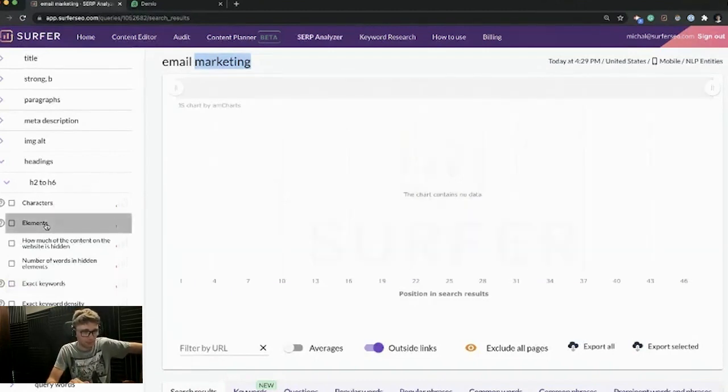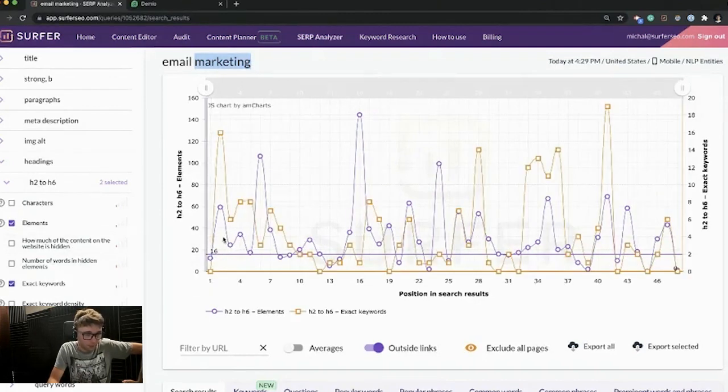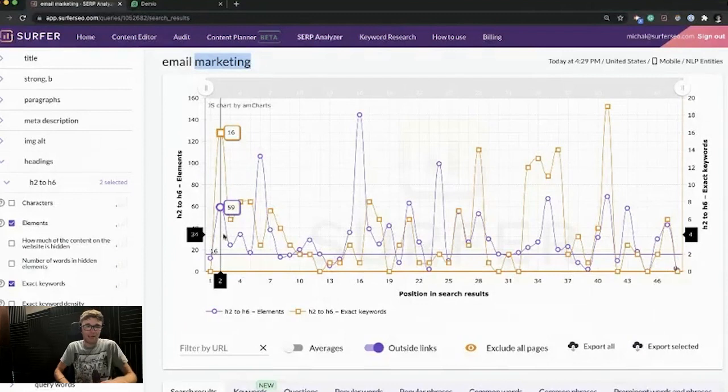Let's take a look. Elements. Well, Wikipedia has 12 subheadings, but none of those include the exact keyword. Compared to Sendinblue, which has 59 subheadings, 16 of them contain the exact keyword.